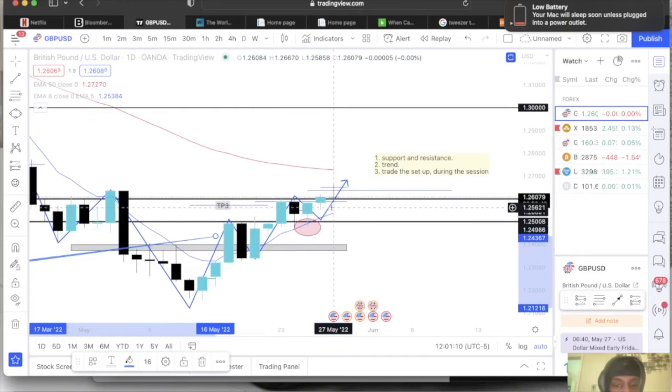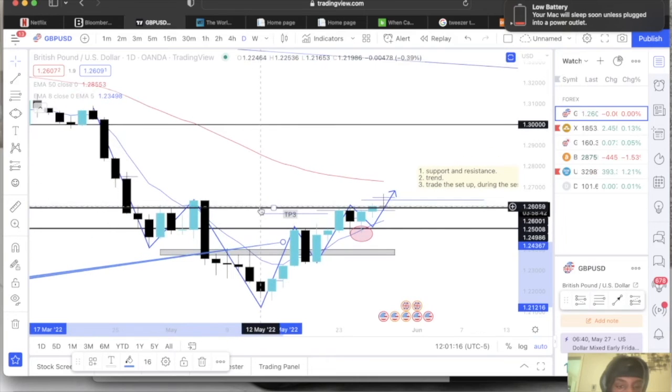Then I would see how, for this trade I took this morning, what I was looking for was price rejected off this 12600 level multiple times as resistance, as you can clearly see.